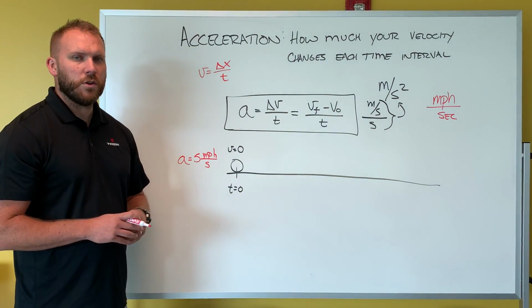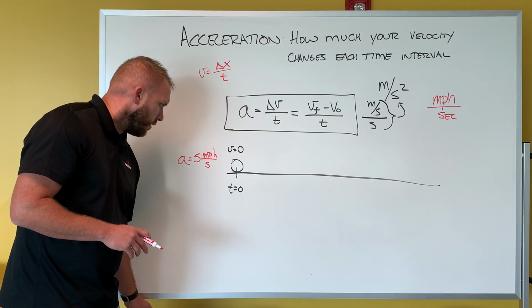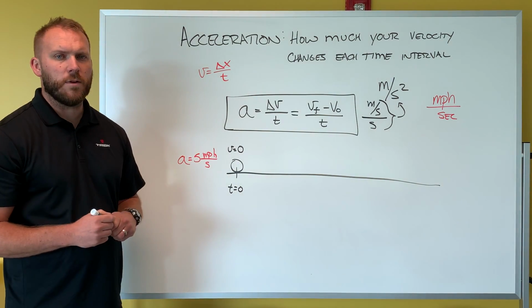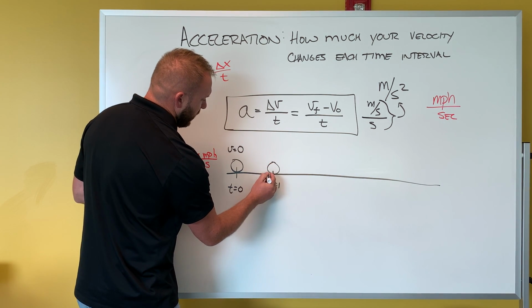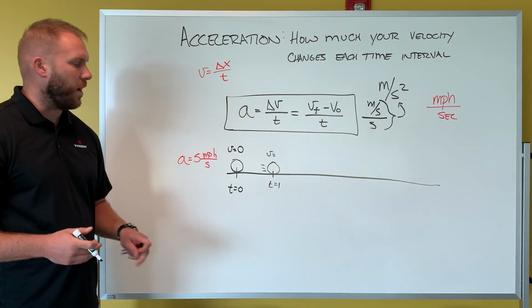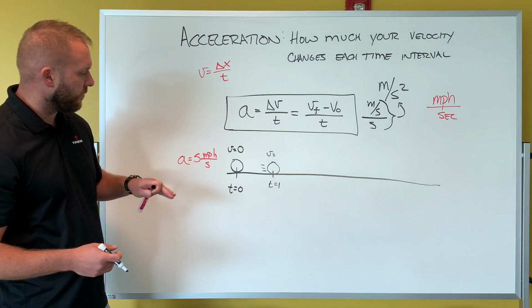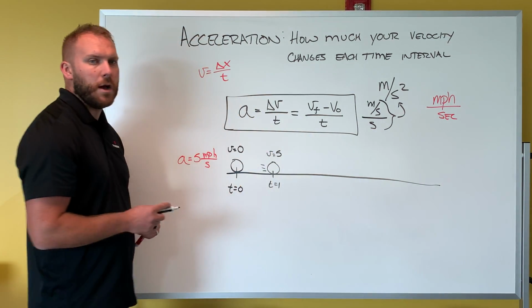What is that object going to look like as time goes from time 1 to 2 to 3, right, as the object is moving? Well, initially we're going to say it's at rest. After 1 second, now the ball is moving, and it has a velocity. What is that velocity? Well, if its acceleration is 5 miles per hour per second, after 1 second, this would be going at 5 miles per hour.